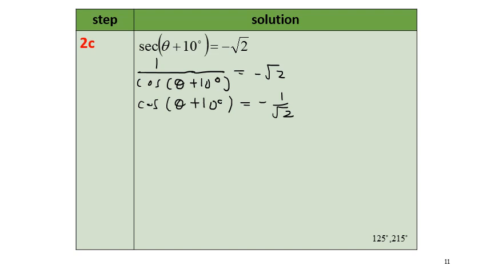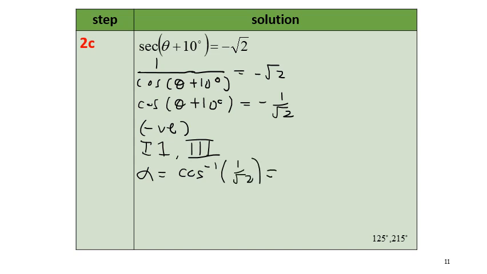Remember in the previous example, for negative, the quadrant is the second and the third quadrant. And also remember the basic angle, the inverse cos 1 over sec 2. The answer is the same, which is 45 degrees.